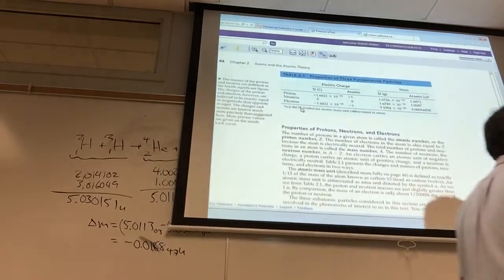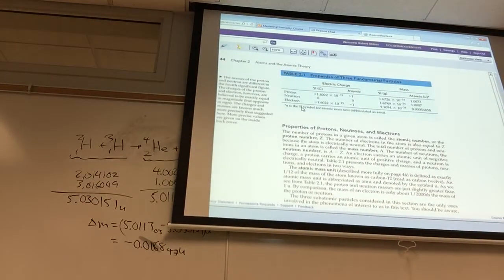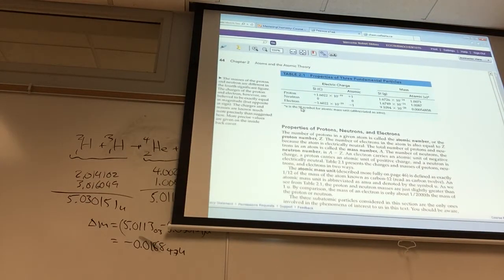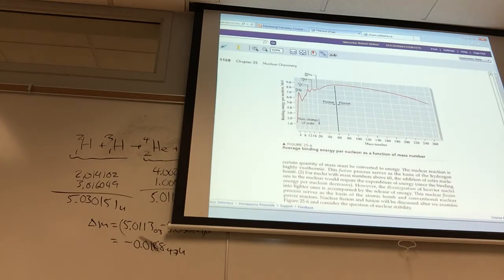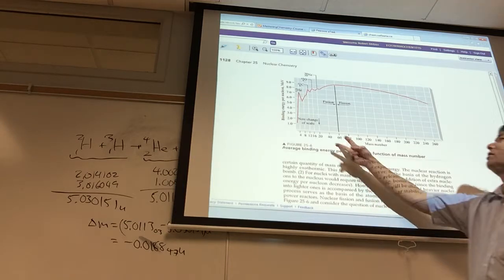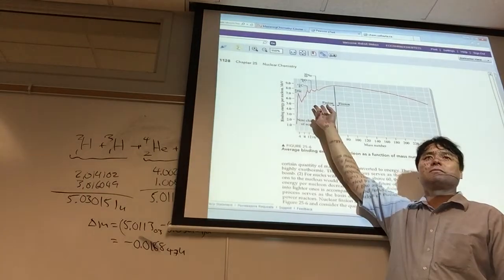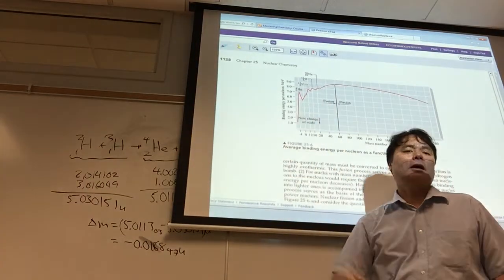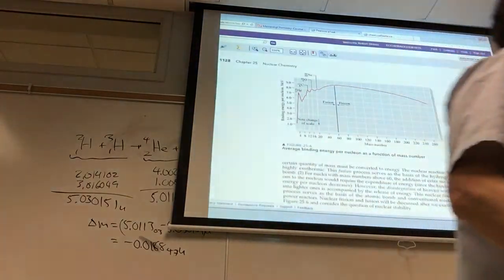And so the problem with this is, even though it's exothermic, right? Let's go back. Even though it's exothermic, these fusion reactions are incredibly difficult to do. How do you fuse nuclei together?